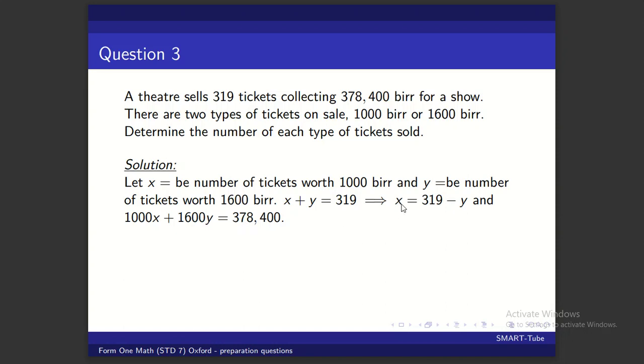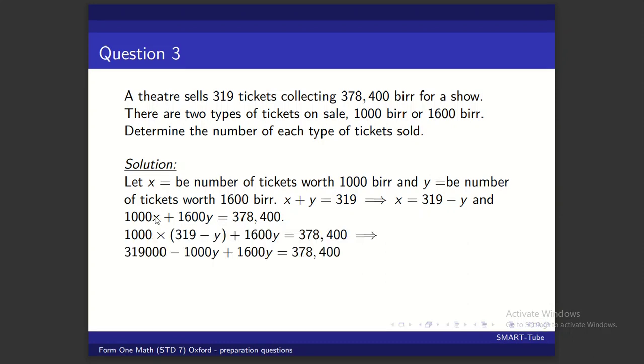We know from the first condition that x equals 319 minus y. So substituting this value here, you get 1,000 times 319 minus y plus this one equals this much money.